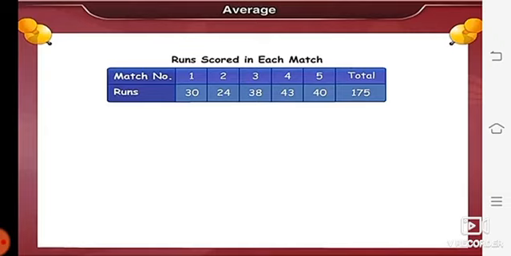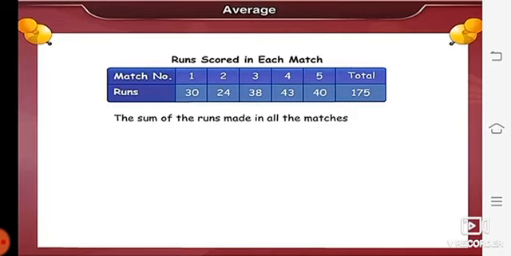If we add runs scored in each match and divide the sum by total number of matches, then we get the average. So the average runs scored is equal to the sum of the runs made in all the matches, that is 30, 24.